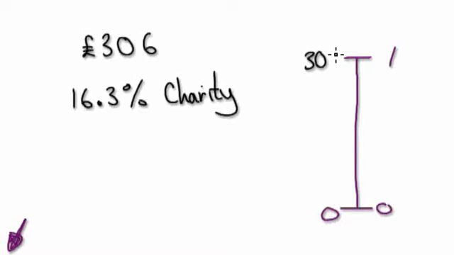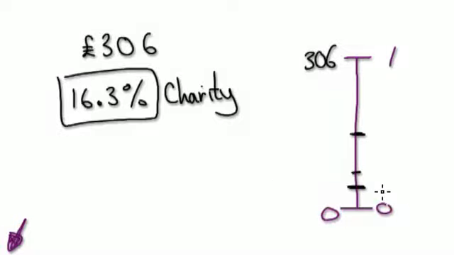So 306 is here. Halfway would be here. 25% would be here. So I'm guessing 13 or 16. I'm going to guess somewhere around here. So let's convert this into a decimal. 0.16 would be 16%, but this is 16.3.